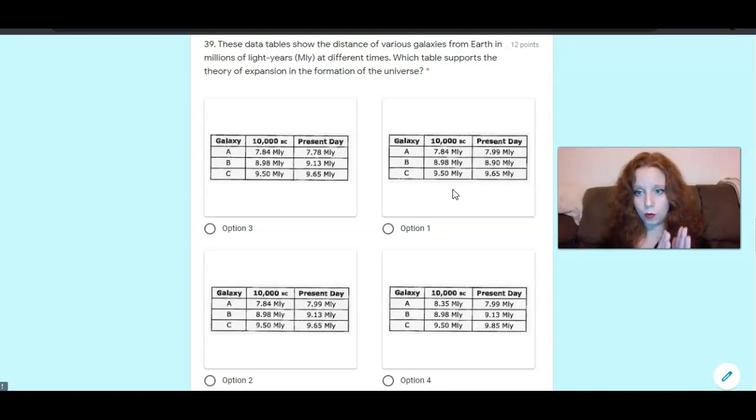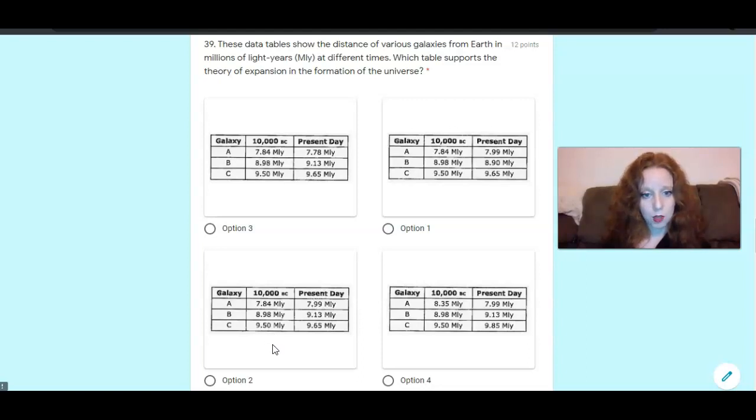It was close to us long ago, and now it's gotten farther away present day. Let's check out B and see if it matches. 10,000 BC, 8.98, present day, 8.9. So it decreased. And that is going to make that answer choice incorrect. So let's check out option 2 then down here.